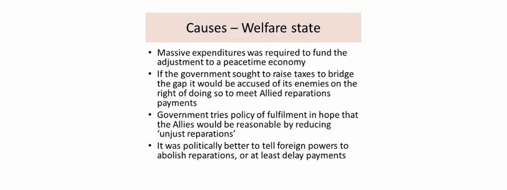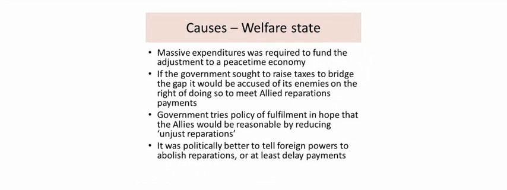Unfortunately, it couldn't really raise taxes too much because people would have said, well, you're raising my tax so I can pay reparations. So the government was spending more because it was trying to build a welfare state, paying for healthcare, unemployment benefits, sickness benefits, old age benefits, pensions and that sort of thing. But it couldn't raise taxes because Germans would believe that the Allies were being given the money from their taxes, and therefore hate the government and refuse to pay taxes.